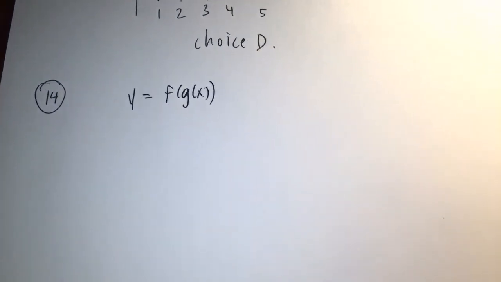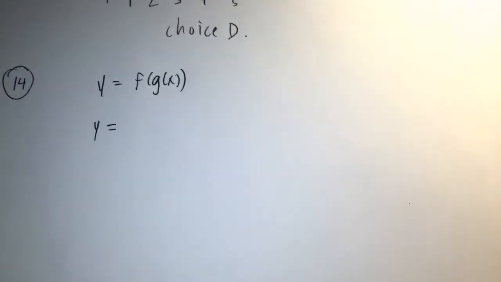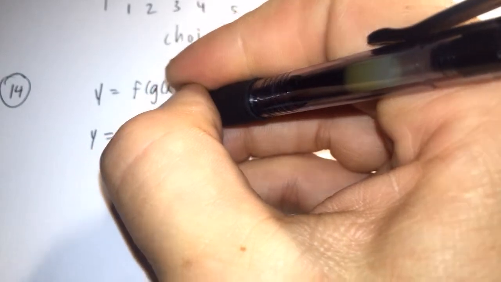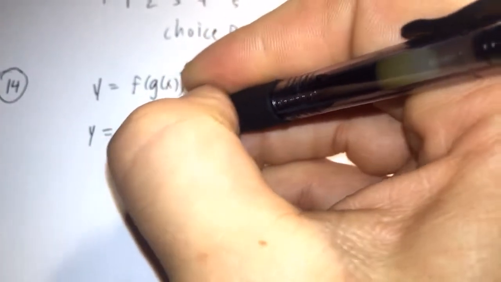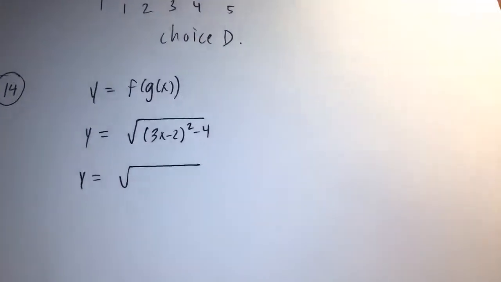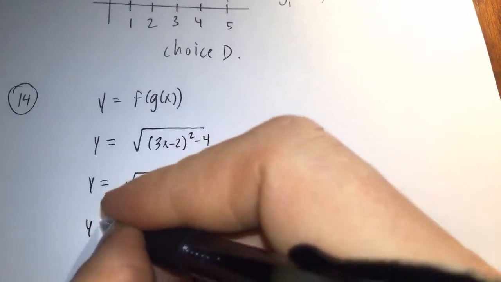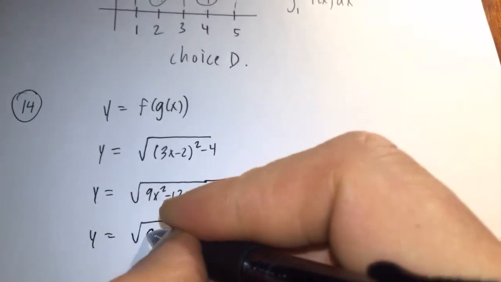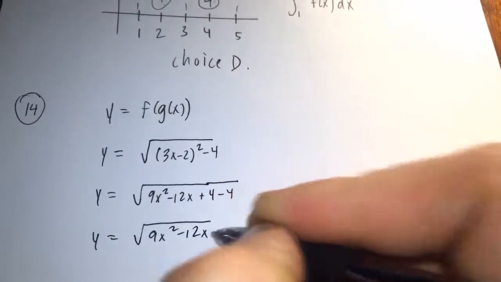The easiest thing I can come up with for 14 is that this is a composition function, so I'm going to plug in my g of x into my f of x. So I have 3x minus 2 squared minus 4. And then I'm going to expand that. Simplifying, I get 9x squared minus 12x.